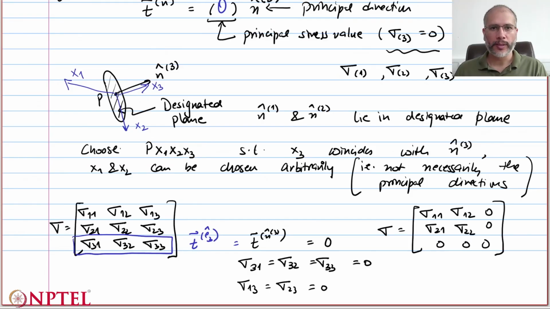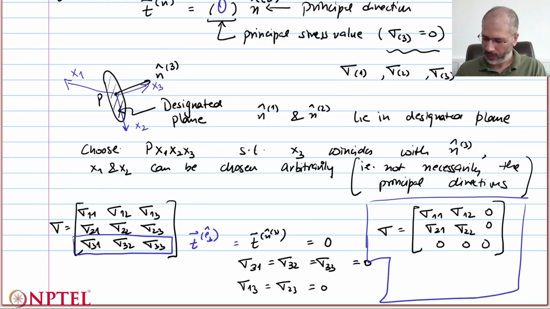So you may notice here that this representation of sigma looks like a 2D situation. Now I make this statement in a very hand-wavy sense, in a way that this is not a 2D situation completely, because there'll be cutting planes with normals outside the designated plane where the stress tensor will or may have all 9 non-zero components.